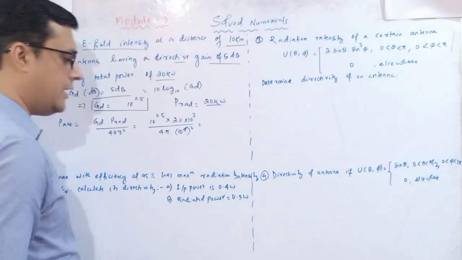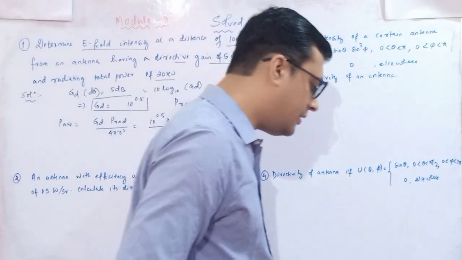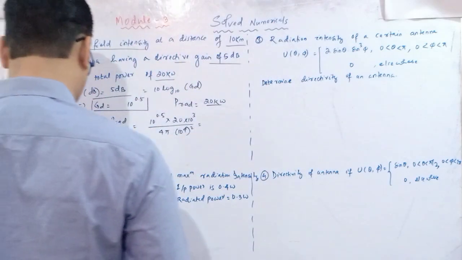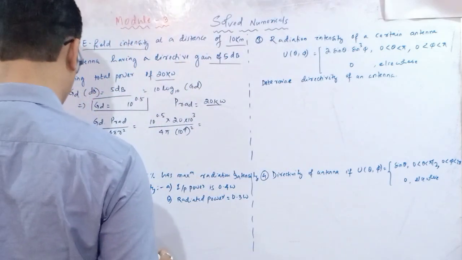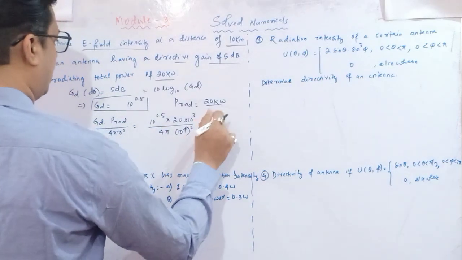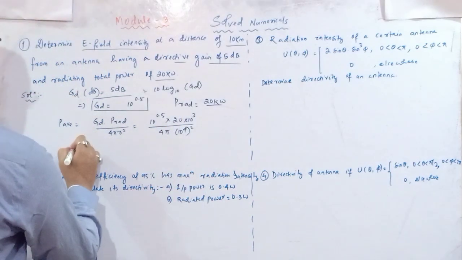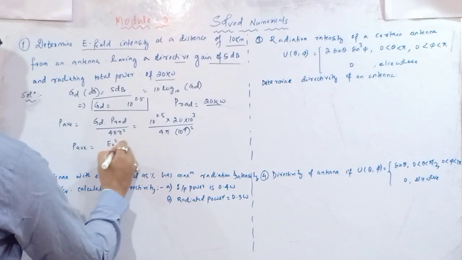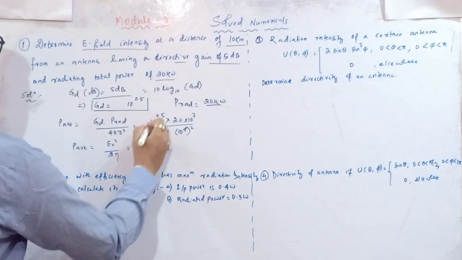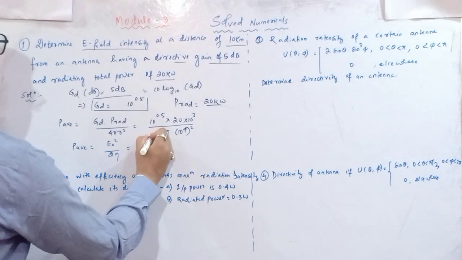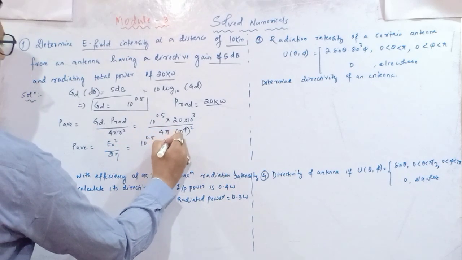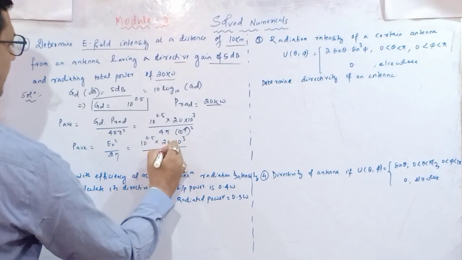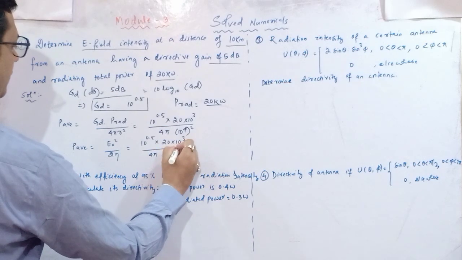Now with the help of a calculator, calculate this particular ratio, and we have average power equal to E naught square divided by 2 eta, which is equal to 10 to the power 0.5 into 20 into 10 to the power 3 divided by 4 pi into (10 to the power 4) whole square.